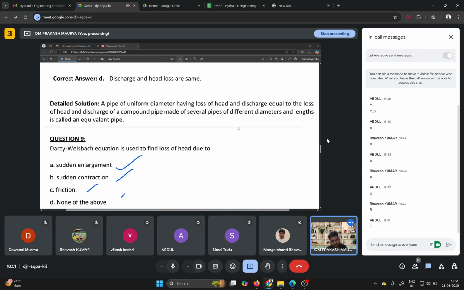Darcy-Weisbach equation. A very famous equation in fluid mechanics, especially in pipe flow it is very important. Anyone want to tell?